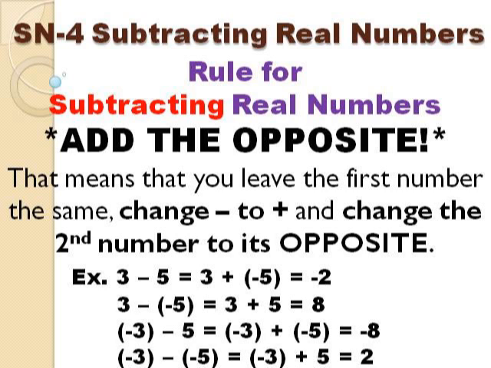Okay, so when you add the opposite, basically you leave the first number the same, you change subtract to add, and change the second number to its opposite. So let's just look at these examples I put on here. So 3 minus 5. 3 is smaller than 5. So you've been told up till now that you can't do that because 3 is smaller than 5.